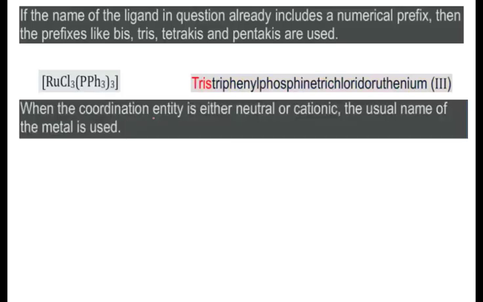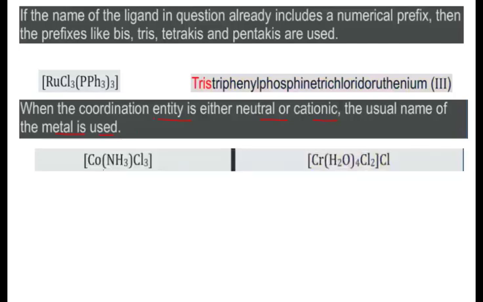Next, when the coordination entity is either neutral or cationic, the usual name of the metal is used. It will not change. Okay. For example, let us take cobalt, amine and chloride. So we will write it as triamminetrichloridocobalt(III). The name of the central atom will be written simply, cobalt.